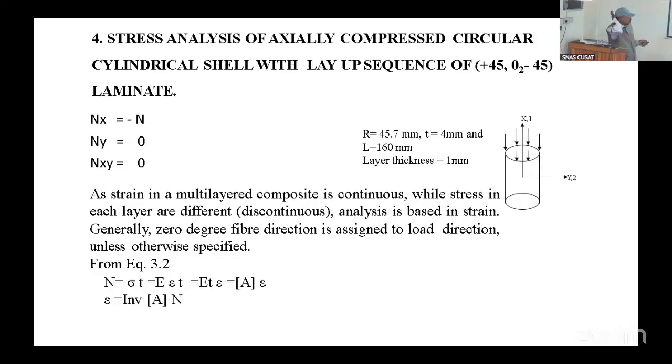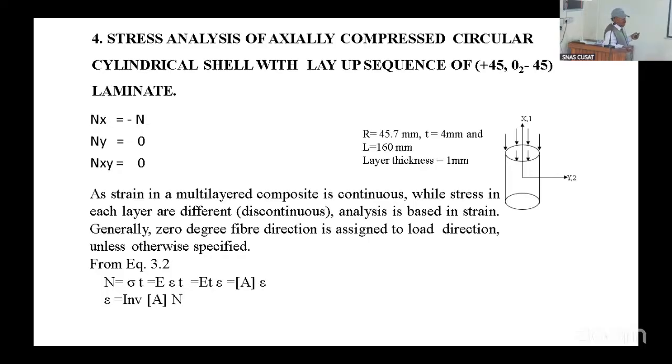Okay, when I say 0-degree means it is in the load direction. So, the layup sequence is plus 45, minus 0 to minus 45, for which we have calculated all the constants by now. Because in previous slide we got all the stress transformations and all that made.